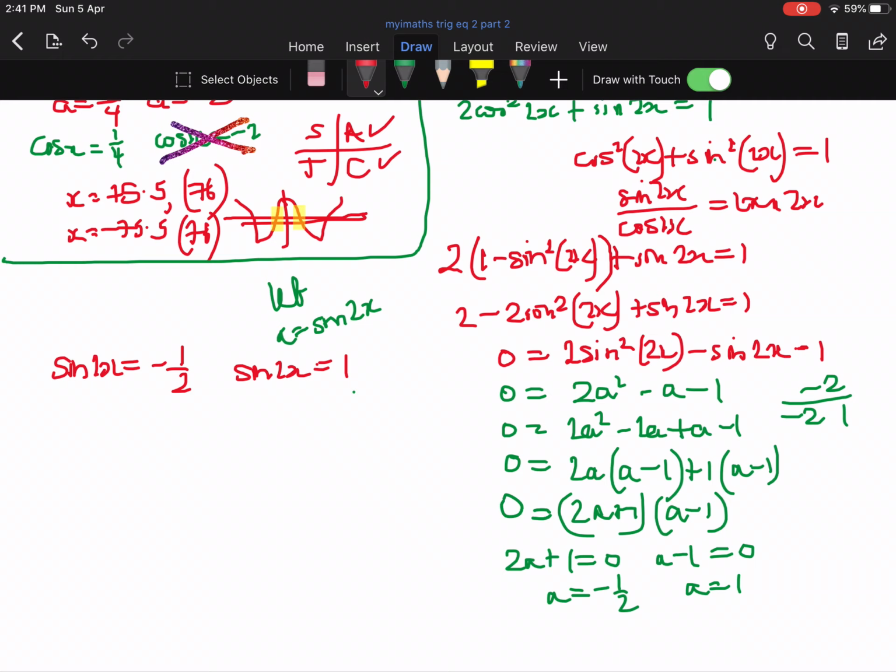So just for you to understand what sine 2x looks like and what sine x looks like, let's draw a little graph. Sine x is obviously just our standard, but sine 2x means that it's going to be 2 cycles. So there's 90, 180, 270, 360. I only want to go to 180 and negative 180.